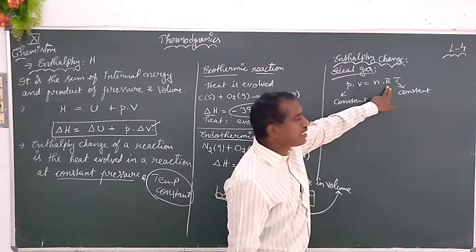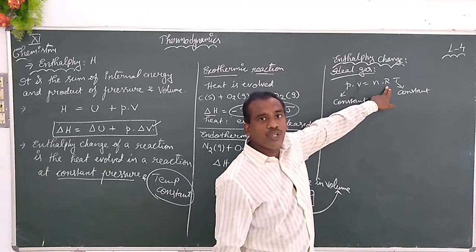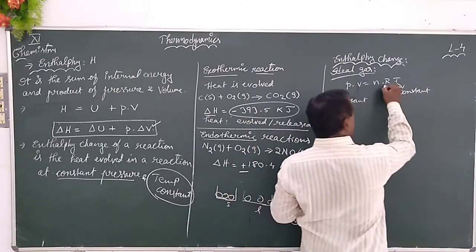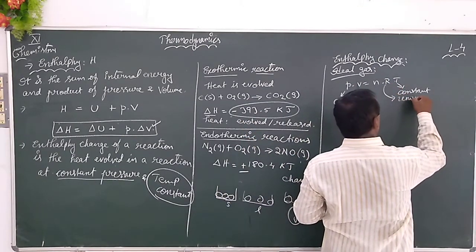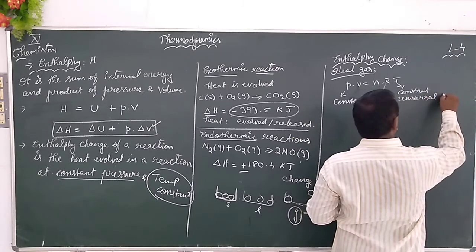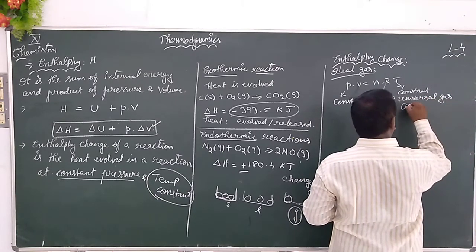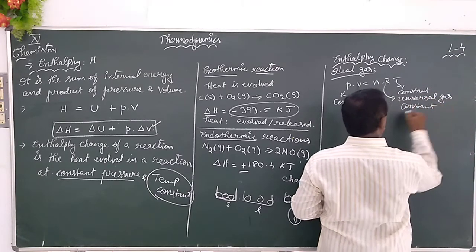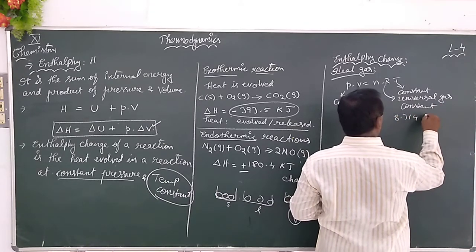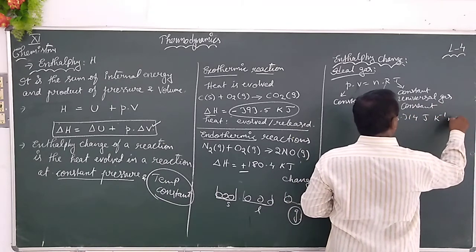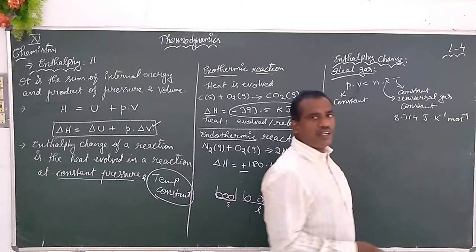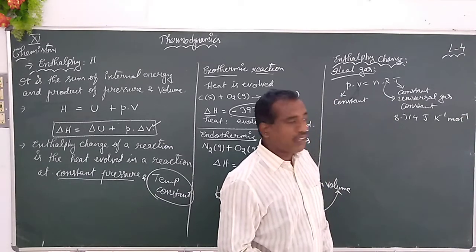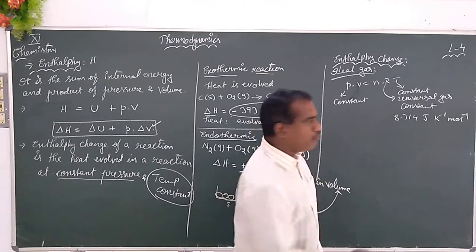You cannot change R, the universal gas constant. What is the universal gas constant value, children? The universal gas constant value is 8.314 joule Kelvin inverse mole inverse.